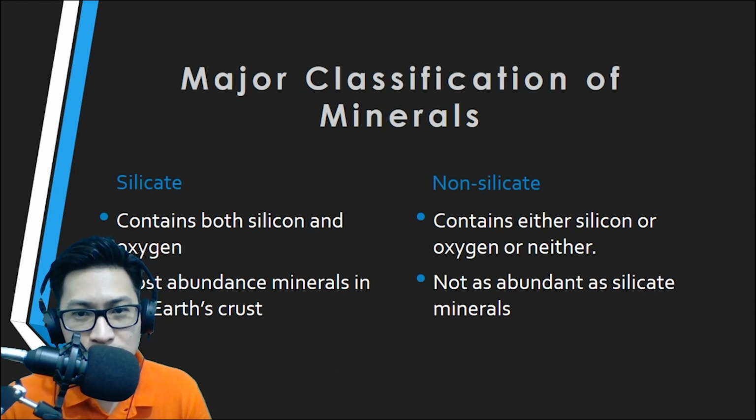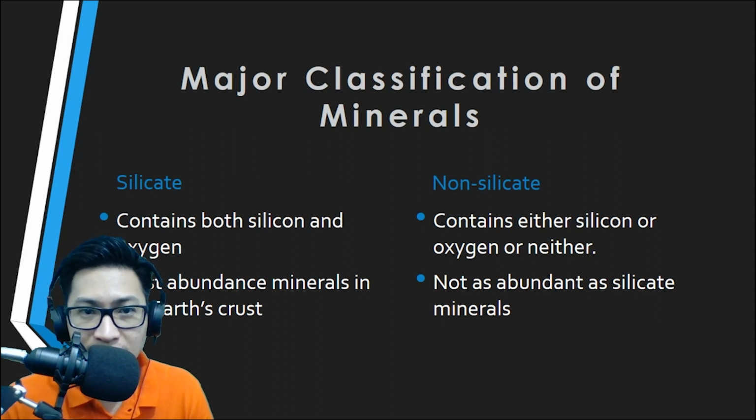Also, if oxygen is present and the silicon is absent, then the mineral is also non-silicate. Okay? The silicate minerals are the most abundant minerals in the Earth's crust. So mas marami ang silicate kesa sa non-silicate class.